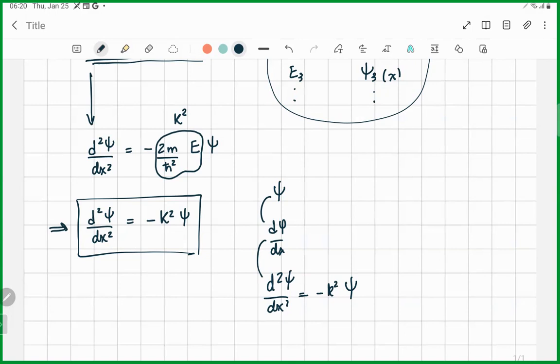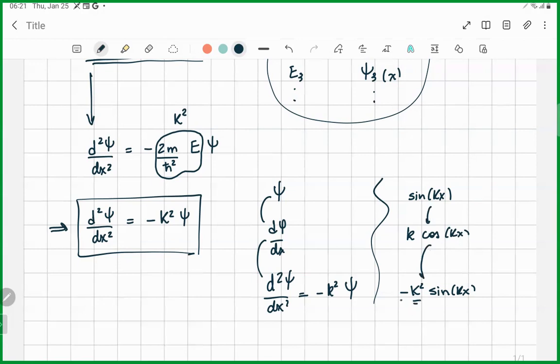What are the possibilities? It could be, for example, sine of kx, correct? If I derive it twice, I will get back my function with that minus k squared in front of it. If I do the first derivative, I get k times cosine of kx. If I do the second derivative, I get another k, so that's the k squared.